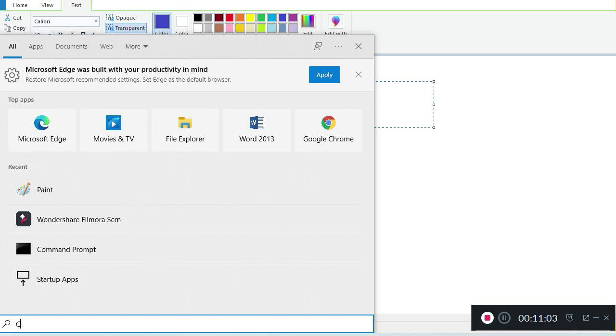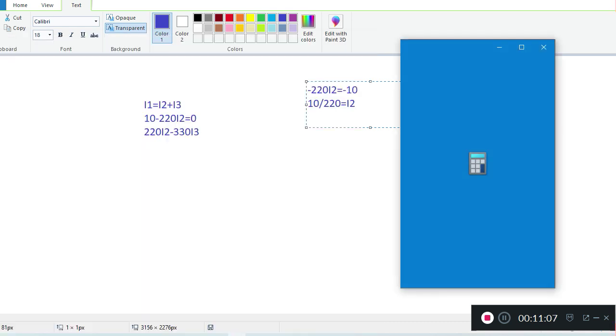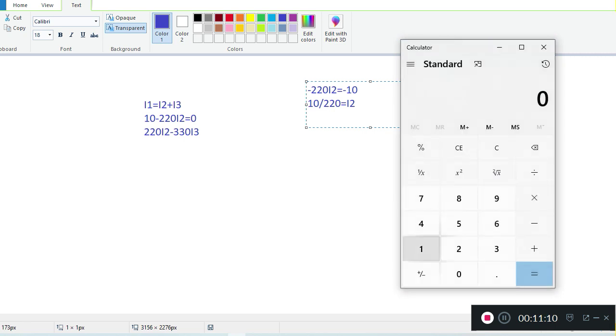Okay, 10 divided by 220 is going to give us 0.04545.